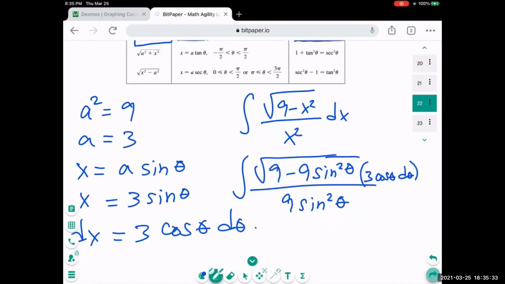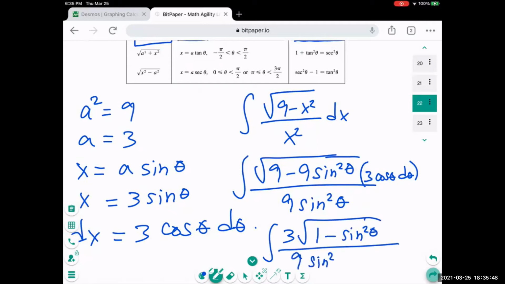At ang matitira doon sa loob would be, so, factor out yung 9. So lalabas natin, magiging 3 siya kasi nasa square root. So this one would be 1 minus sine squared theta over 9 sine squared theta times 3 cosine theta d theta, right?